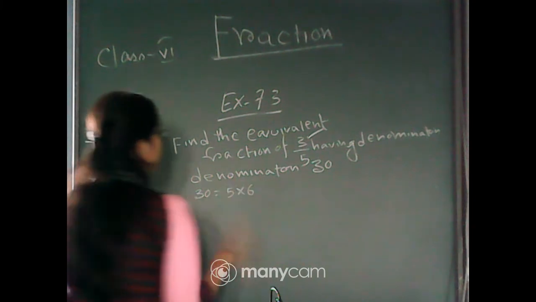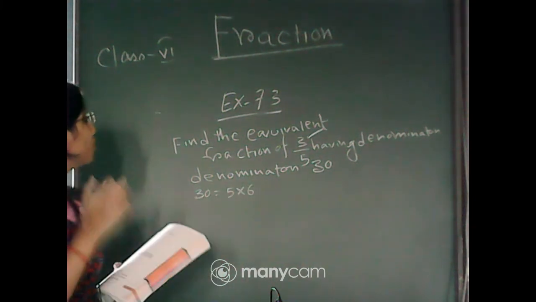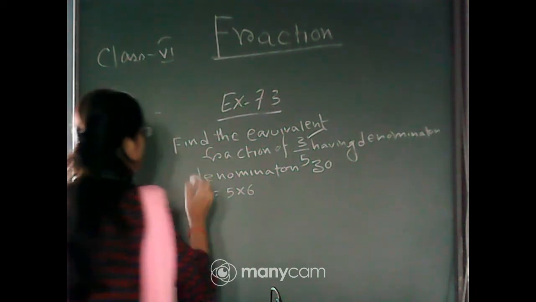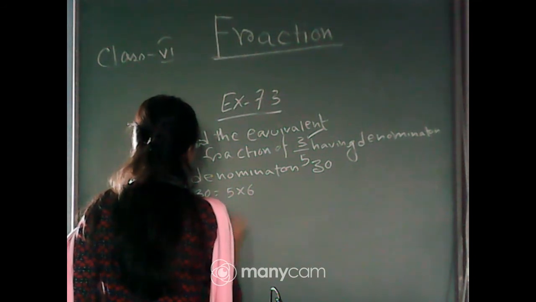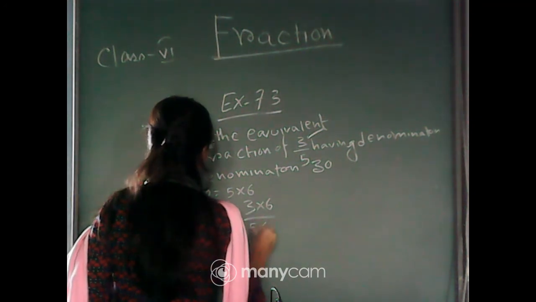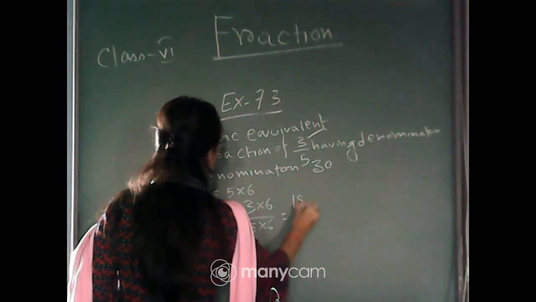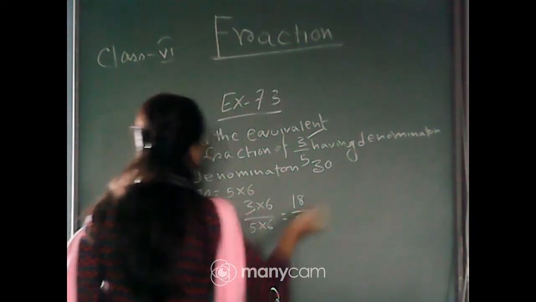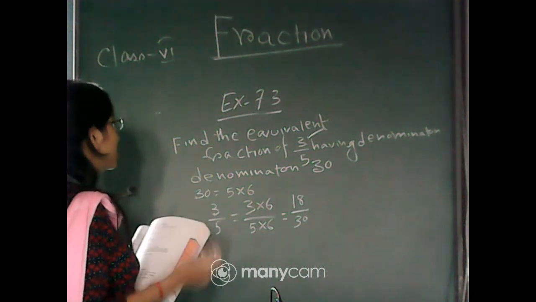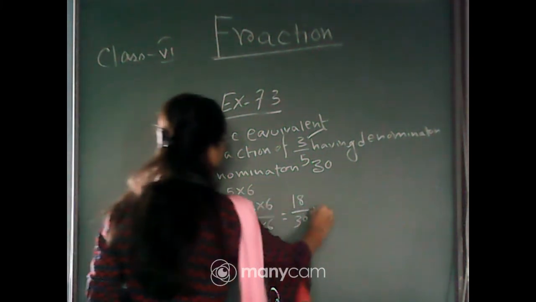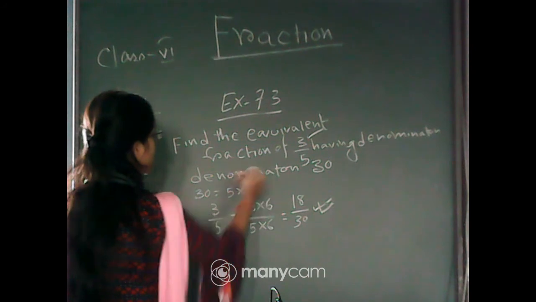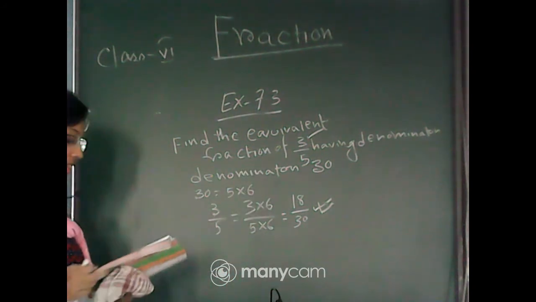Therefore, to find the equivalent fraction, we multiply both the numerator and denominator by 6 and we get 3/5 is equal to 3 cross 6 divided by 5 cross 6, that is equal to 18 by 30. Therefore, the equivalent fraction of 3/5 having denominator 30 is 18 by 30.